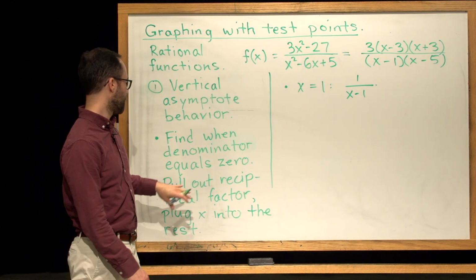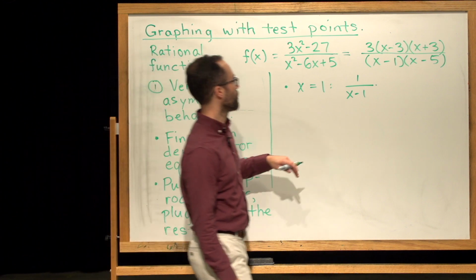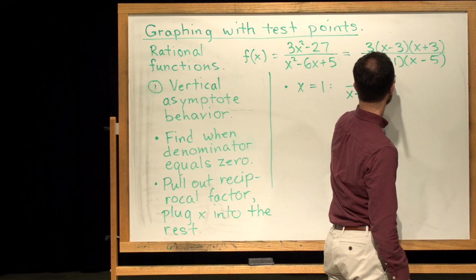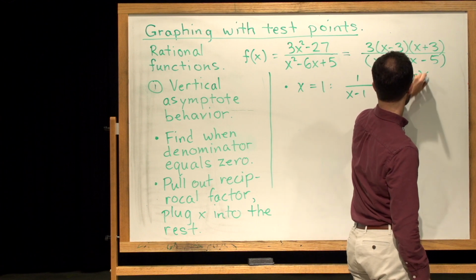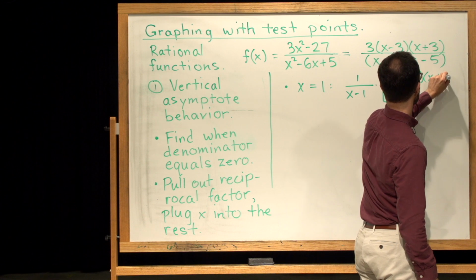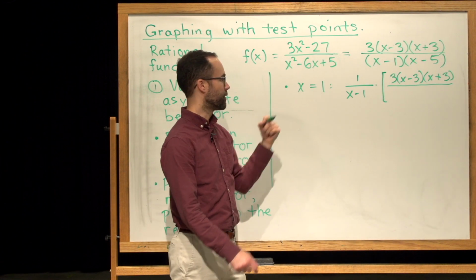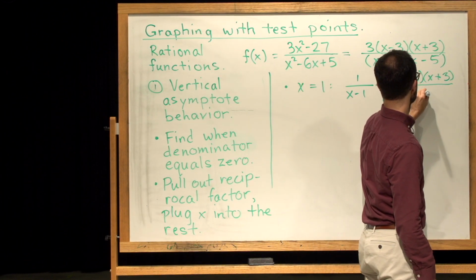And then I'm going to plug the value of x into the rest of it. I'll put the rest of it into square brackets in factored form. So I have the same factors on top. And then on the bottom, I've removed the x minus 1 factor, so only the x minus 5 remains.